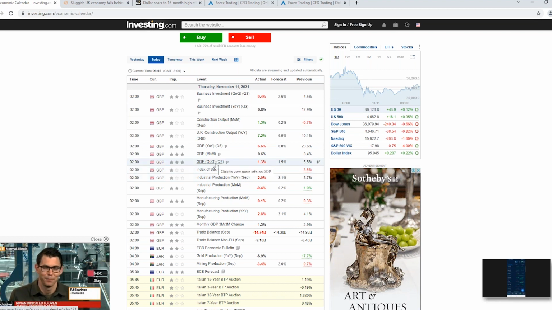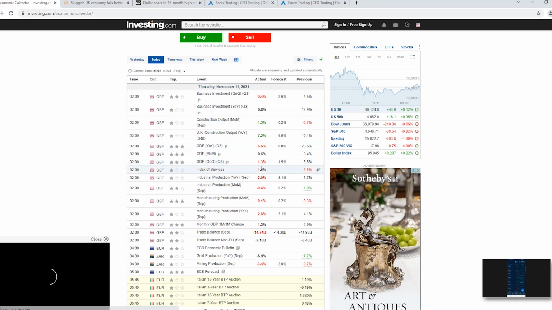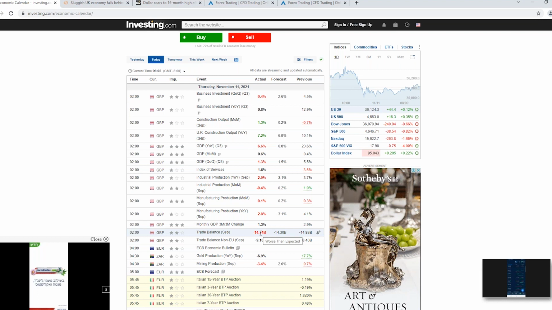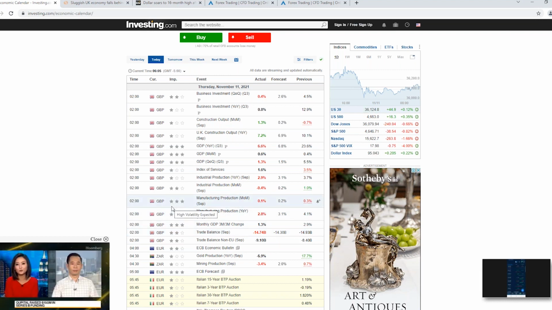At least they don't have inflation concerns in that regard, but the GDP numbers missing the mark altogether. Industrial production also missing the mark, and on and on. It's just a slew of red announcements, including trade balance as well, being worse than expected. So an onslaught of negative numbers coming in out of Great Britain earlier today.